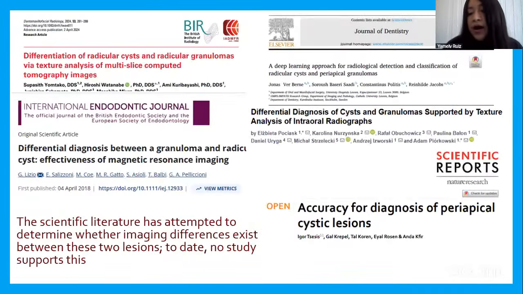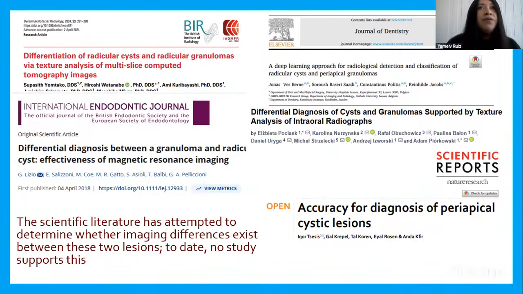scientific literature about this, but this scientific literature has attempted to determine whether an image difference exists between these two lesions. If you search, you can find maybe some papers that say, yeah, there exists a difference.